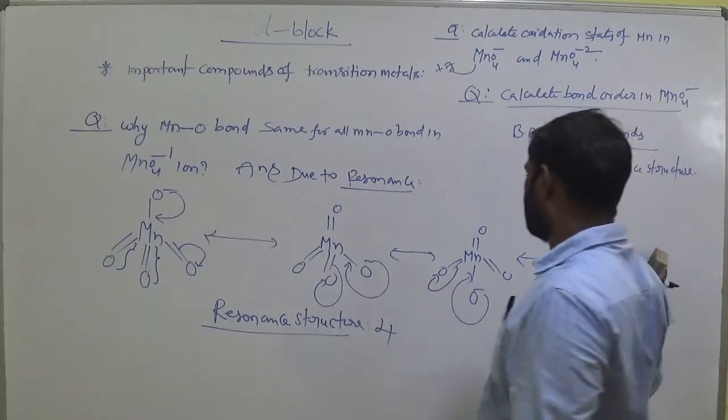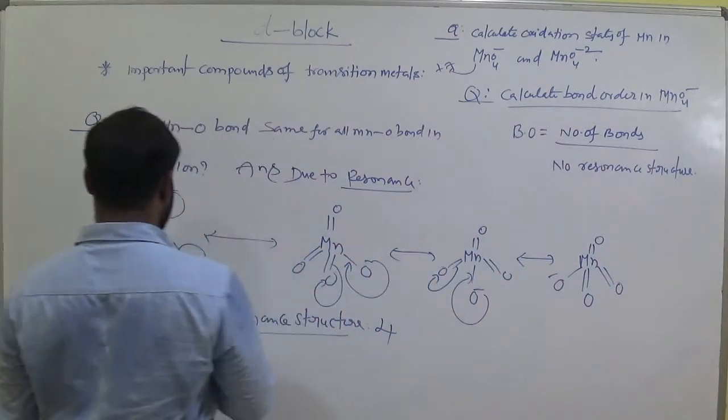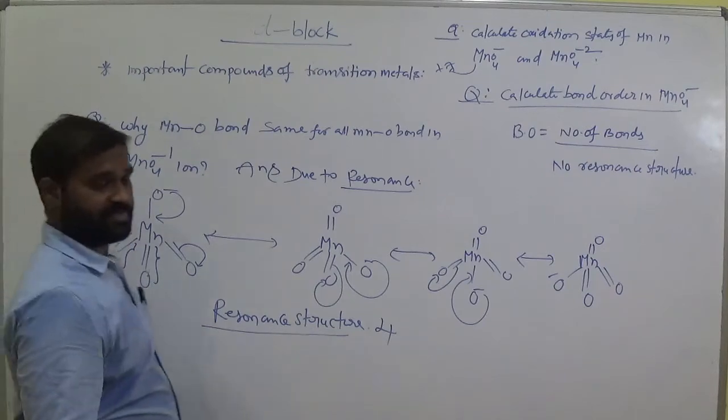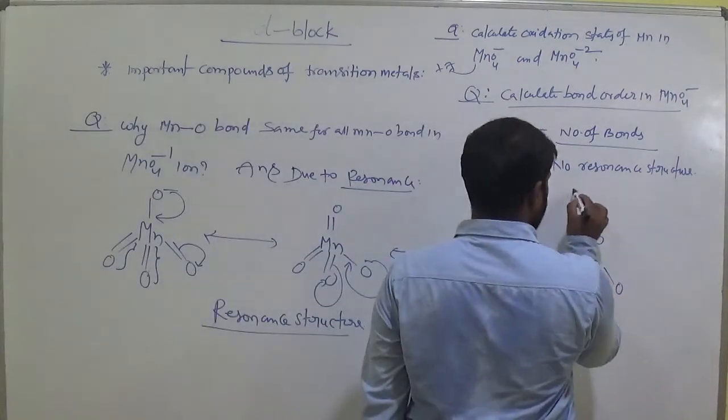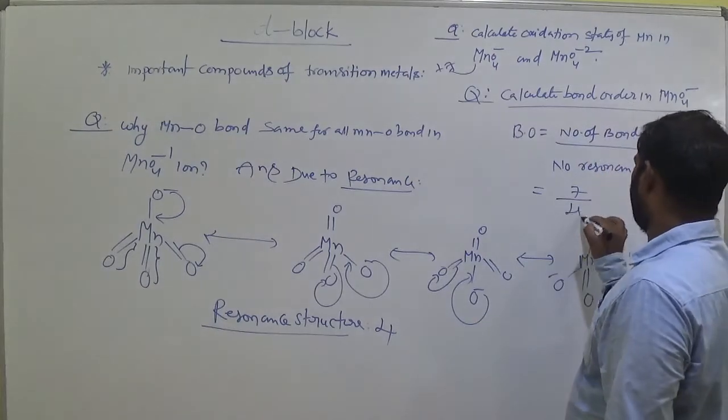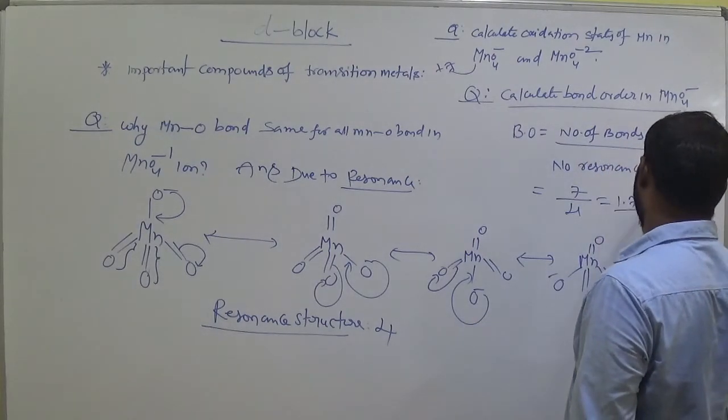Clear? So now let us calculate the number of bonds in MnO4 minus: 2 bonds, 6 plus 1, 7. Am I right? So 7 bonds by number of resonating structures, here 4. 7 by 4 means 1.75 is the bond order. Okay.